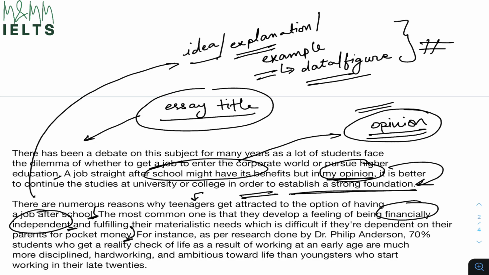Whenever you are stuck in essay writing, ask this question to yourself: why? Why means, what is the purpose? Why do they want to have a job after school? Okay, pocket money. Why do they want pocket money? To buy some materialistic needs like a phone. It may be a necessity. I'm not asking you to write materialistic needs. Let's say it is a necessity, but write down whatever you like.